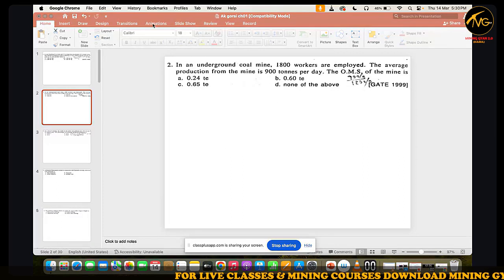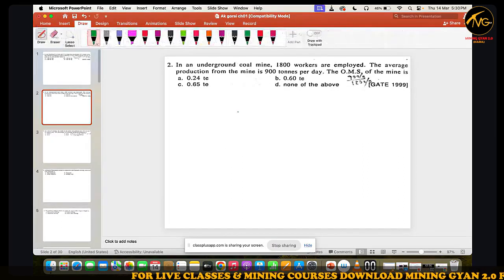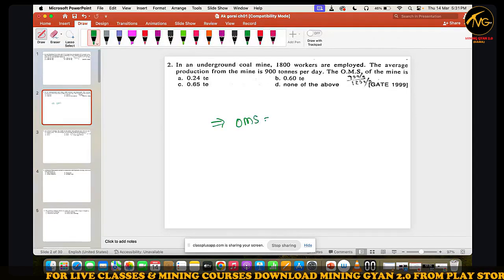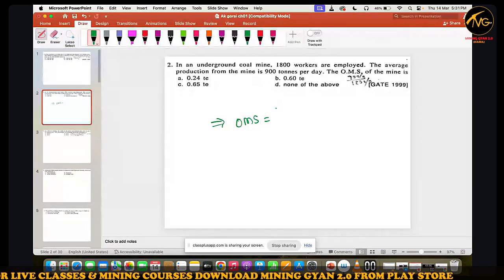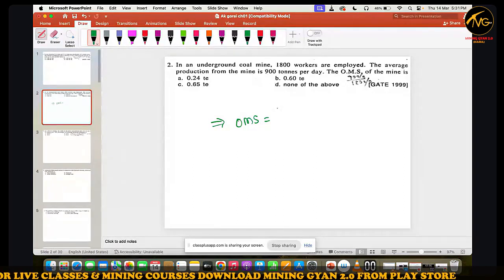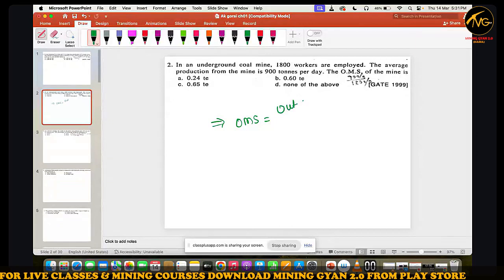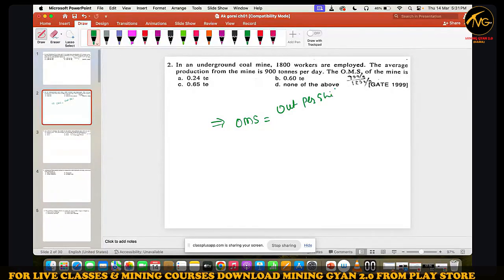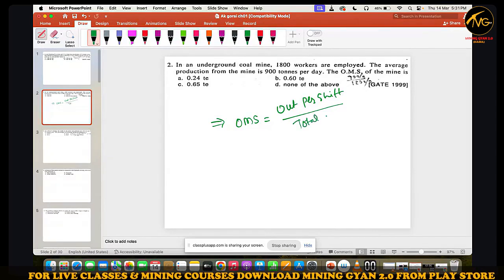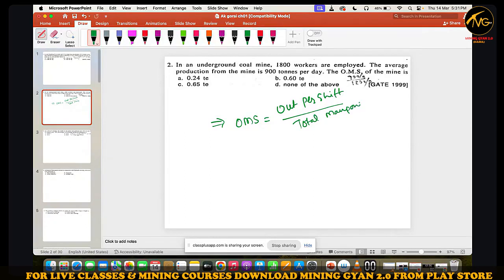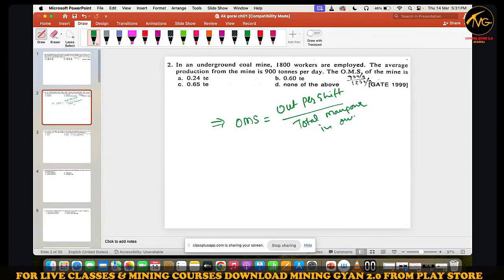So, how we will solve? What is OMS? OMS is output per man per shift. He asked. So output per man per shift means output per shift divided by total manpower in one shift, because we are talking about one shift.